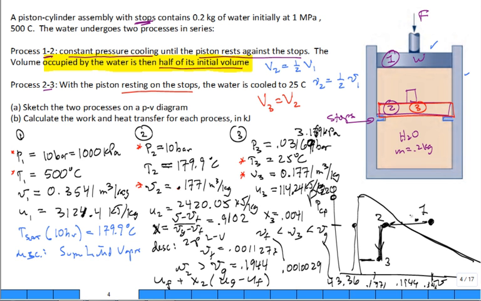Here's another clicker question for you. At state 3, somehow there develops a hole in the side of the piston cylinder apparatus. What's on the inside?